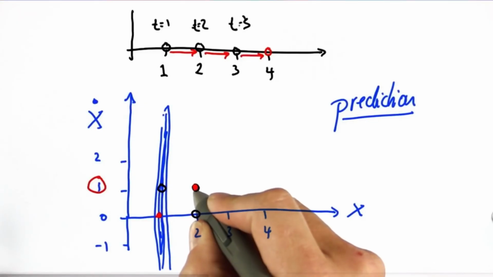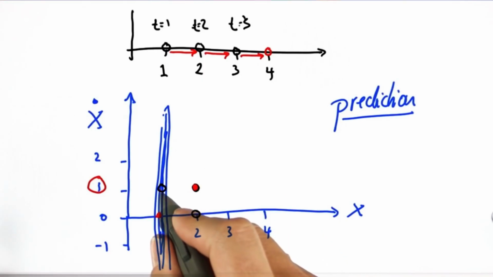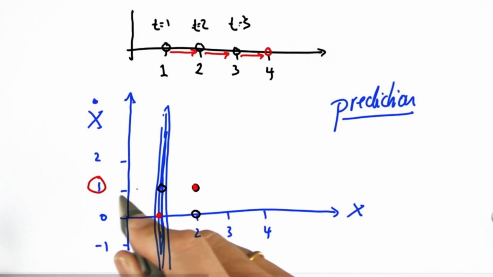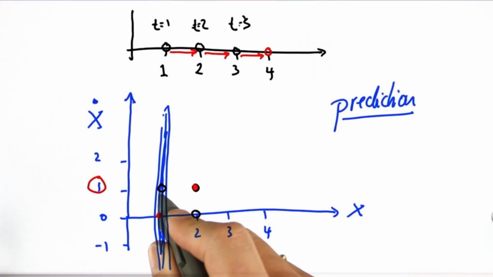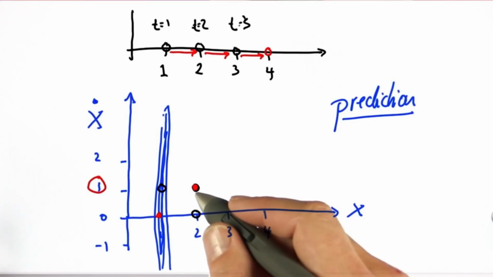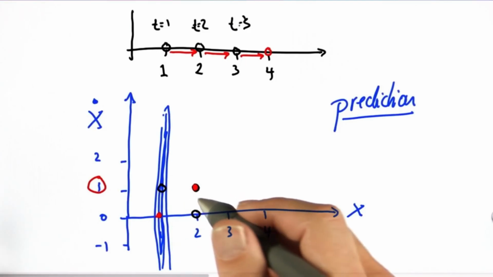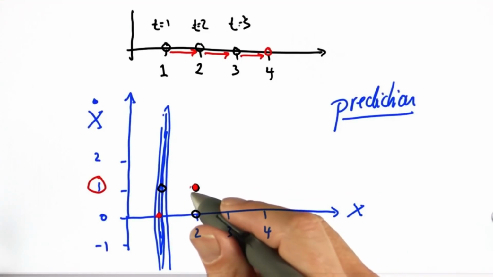And the answer is right over here. Why? If our current starting point is the point over here, for which we know the location is 1 and the velocity is 1, and if we predict one time step in the future, then for that prediction, we know the location will be 2, and the velocity might be a little bit uncertain, but it stays about the same. So we end up with a point over here.